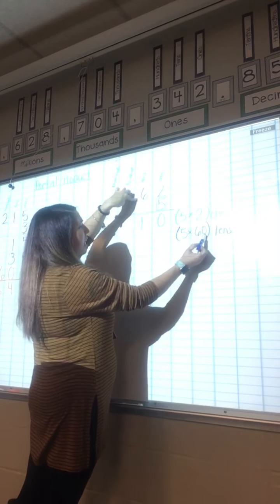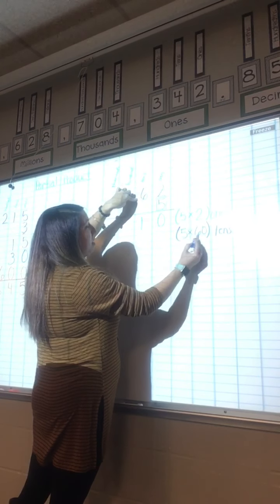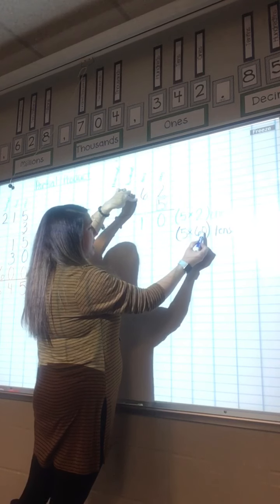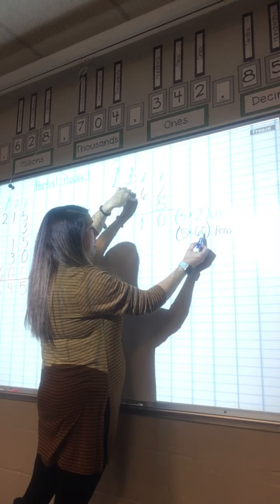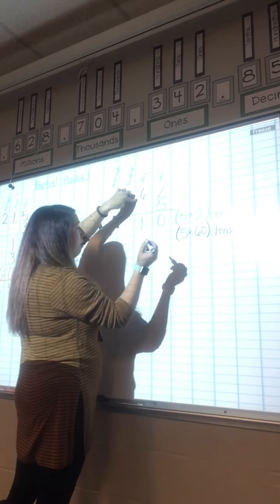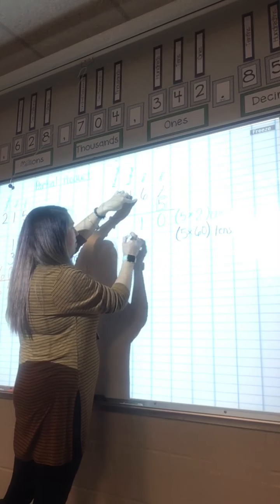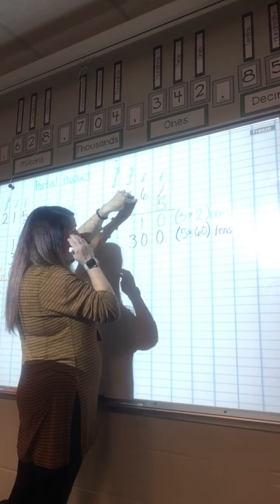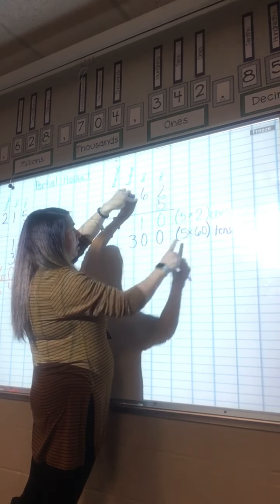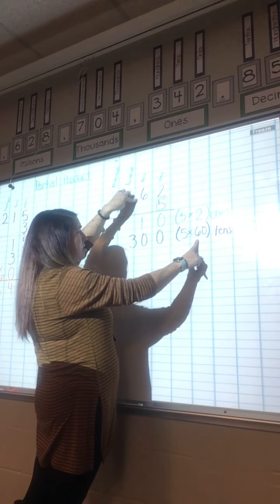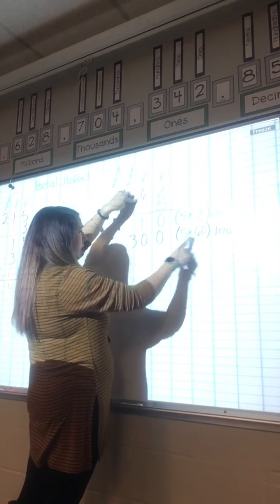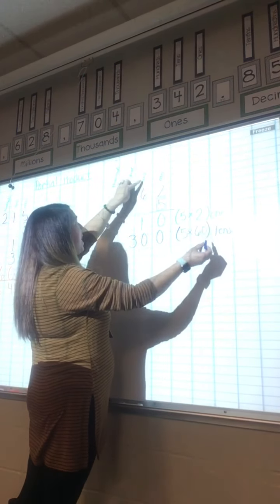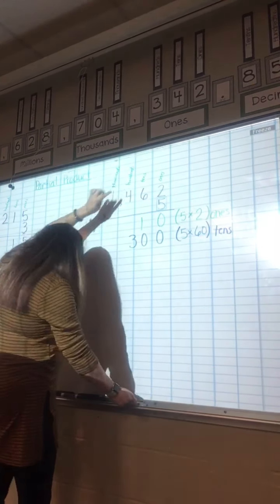So 5 times 60, I know that 5 times 6 is 30, but I have to add that 0, so that becomes 300, okay? So 5 times 60 is 300, because 5 times 6 is 30, then I add that 0. So it's 300. So I've done my ones, I've done my tens, now I need to do my hundreds.